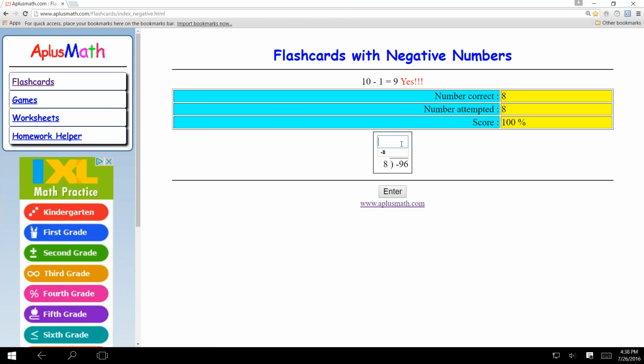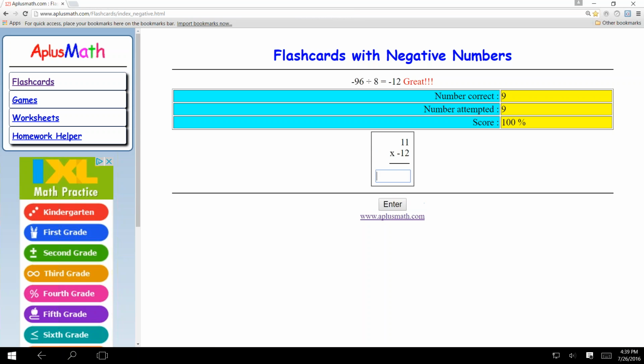And in this case it was negative 12. So what's 10 times 12? 120. Well, we have one more 12 onto that. So add 12 to 120. 132. Okay, positive or negative?